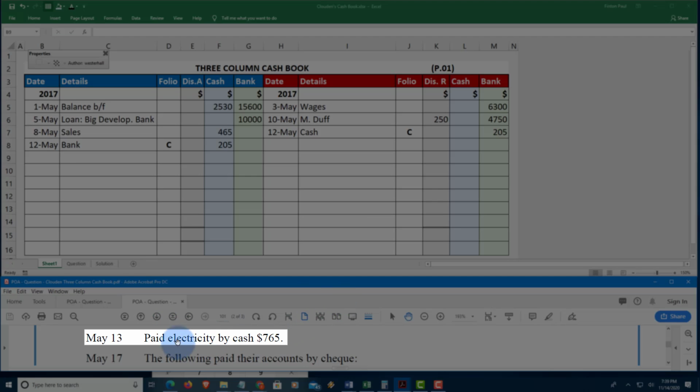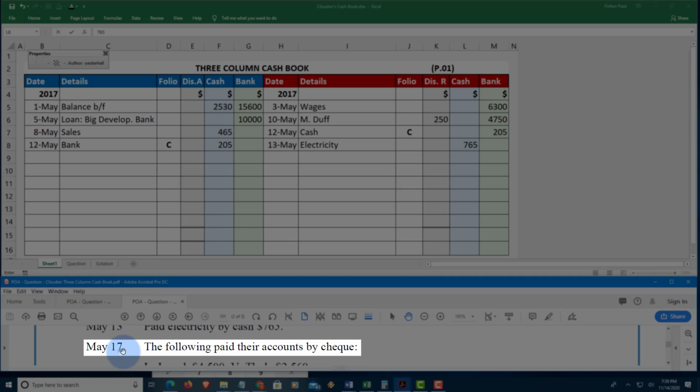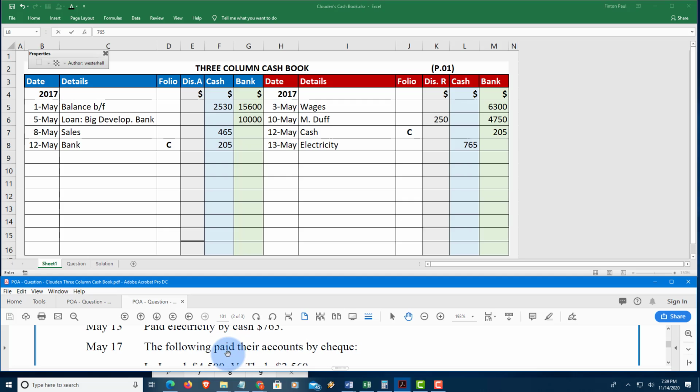May 13th, paid electricity by cash. That's a payment. $765. May 17th, the following paid their accounts by check.